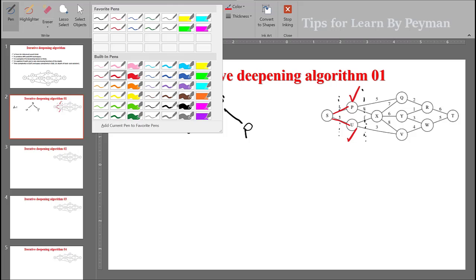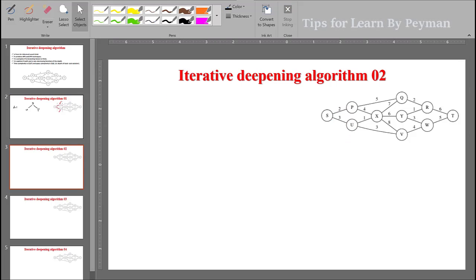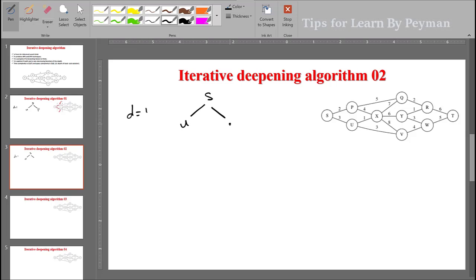Okay. Now in the second level, in the first level we have opened the U and P. In the second level, let me see what we have. We have U and P open. From the U, we can see the V here and X here, so I write it down, V and X. And from the P, we can reach the X from here and Q from here.